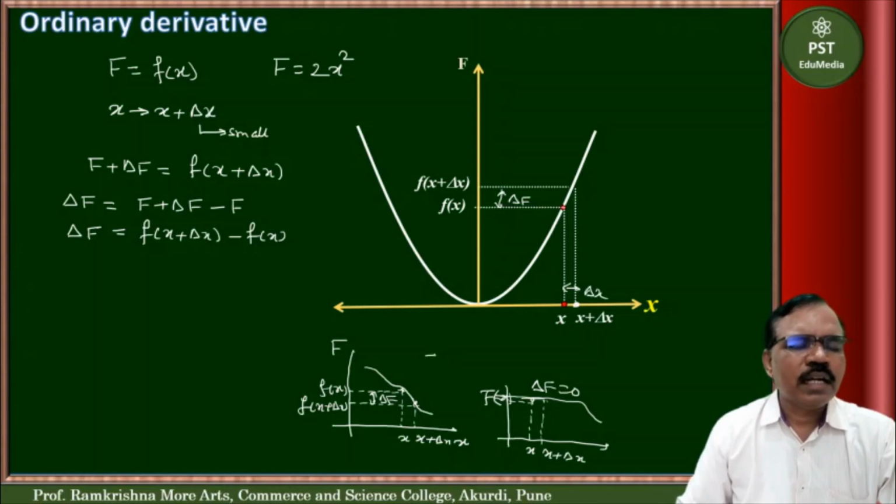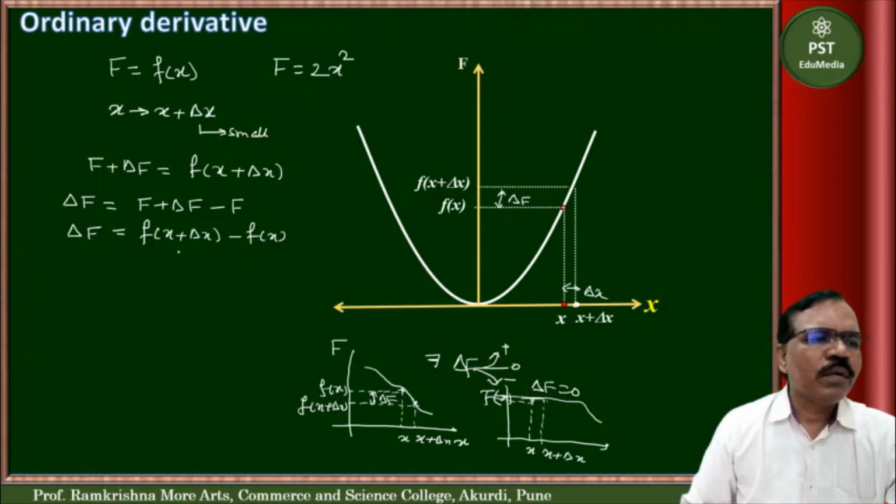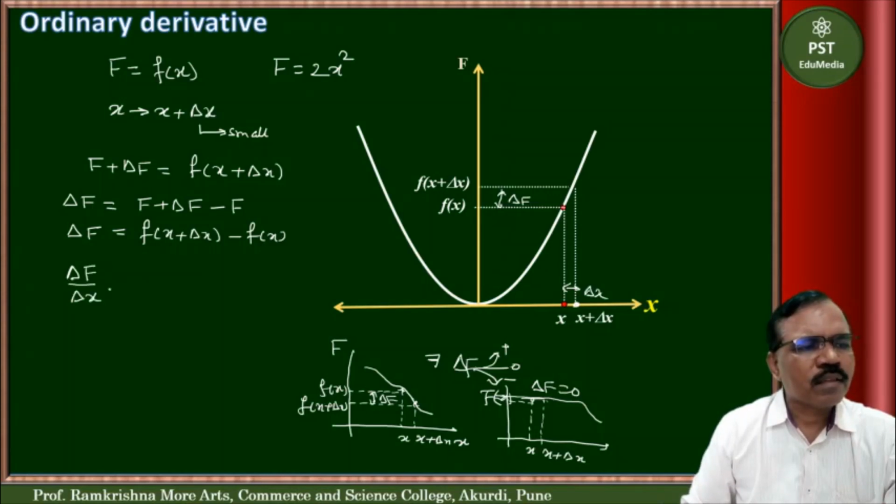So here delta f can be positive, can be 0, or can be negative depending upon the nature of the function. Now here suppose we take delta f by delta x is equal to f of x plus delta x minus f of x upon delta x.